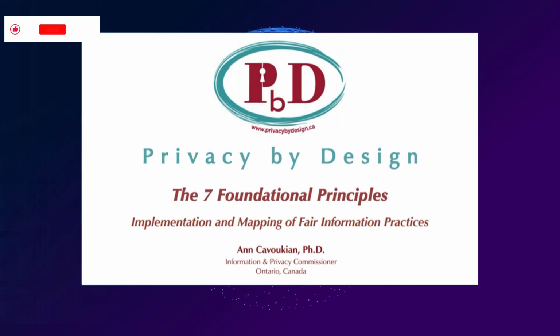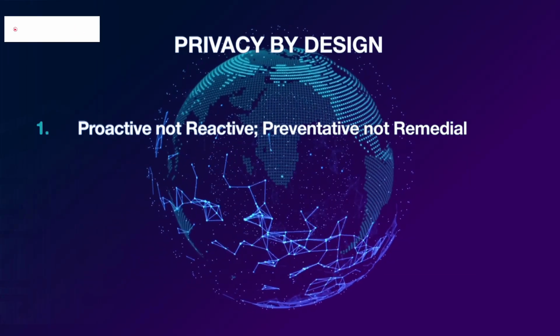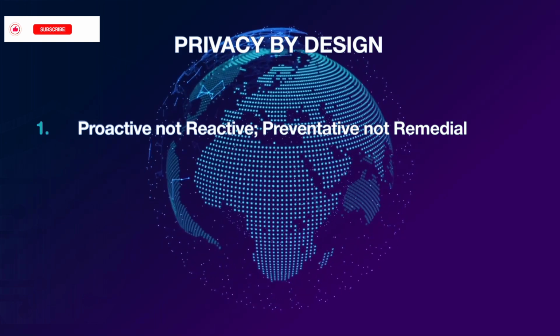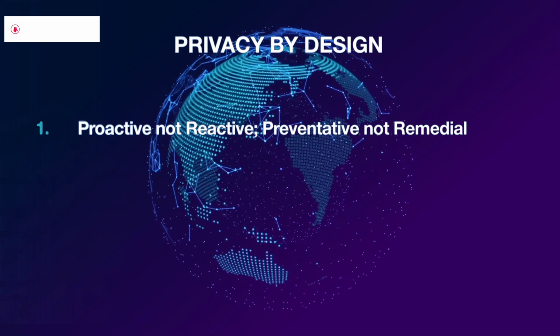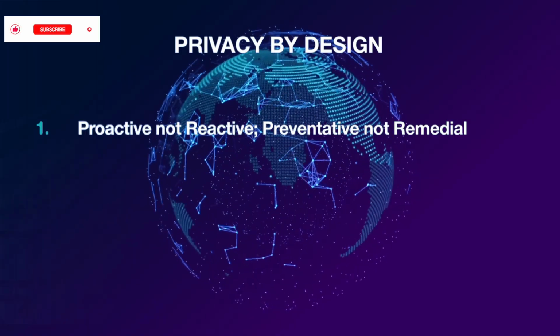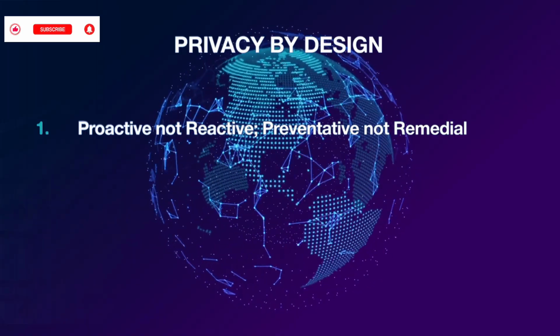This video is going to be specifically relating to the 7 foundational principles of privacy by design. And that's in a paper called Implementation and Mapping of Fair Information Practices. Privacy by design starts with being proactive. Everything is proactive. We need to think things through, especially when we are engineering, because we are looking to design a solution that's going to solve some kind of problem.